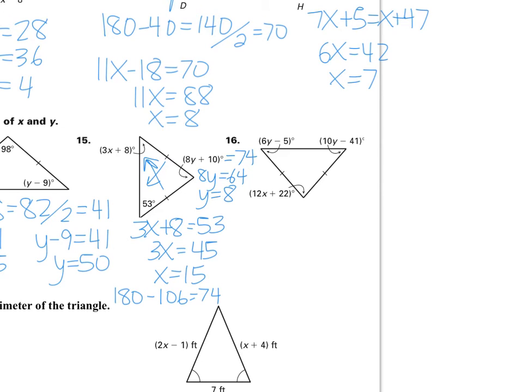And then on this one, a little bit tricky. We know that these two angles are congruent, the y's. Let's do 10y minus 41 equals 36. And then you could substitute that back in.